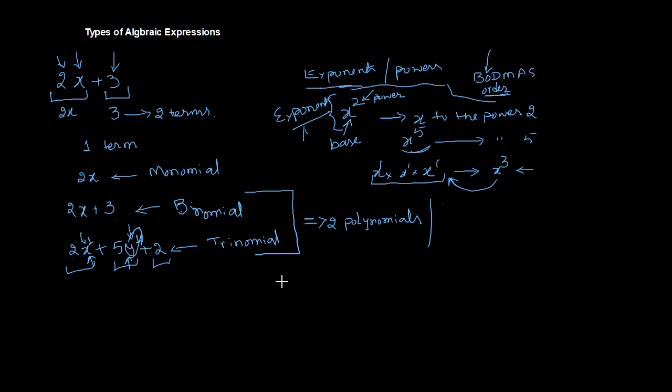So let's take another example. If I take the number 2 multiplied by 2 multiplied by 2 multiplied by 2 multiplied by 2, what happens here? 1, 2, 3, 4, 5, that will be 2 to the power 5. Even a number has a power, and it is read as 2 to the power 5. The same thing goes with any variables, any numbers.